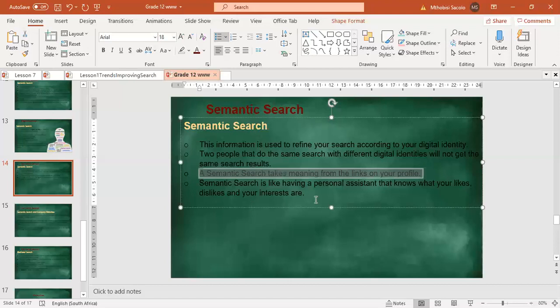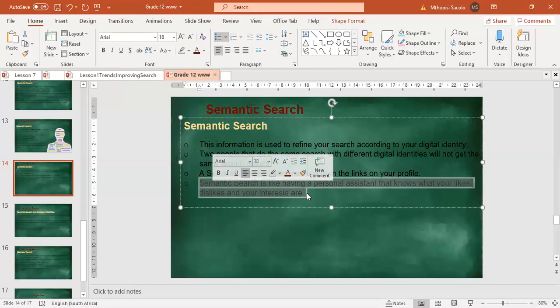It is highly unlikely that two people would visit the same websites, play the same videos on YouTube, have the same friends, and comment the same way. So that is how your digital identity is created.